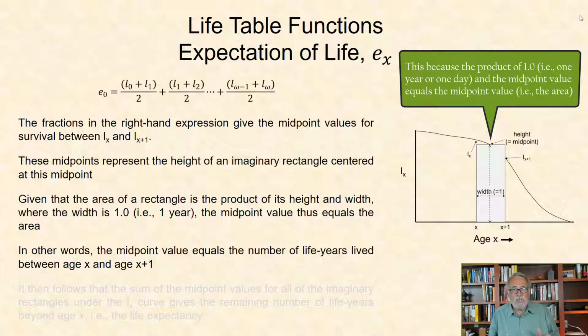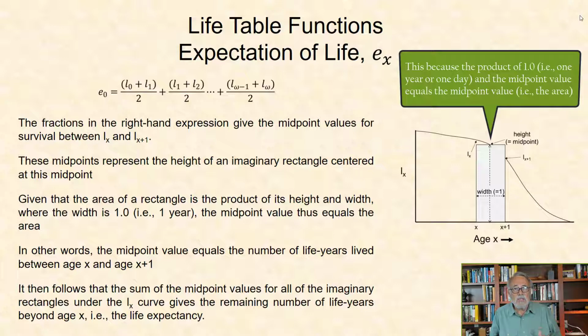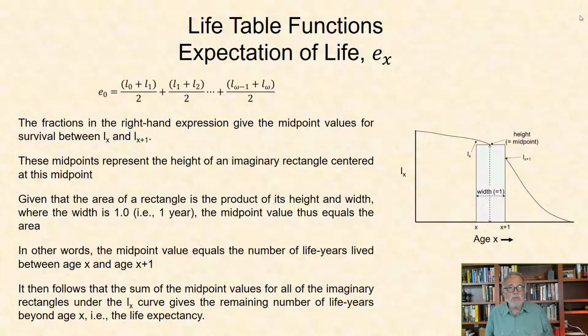In other words, the midpoint value equals the number of life years lived between x and x plus 1. It then follows that the sum of the midpoint values for all of these imaginary rectangles under the lx curve gives the remaining number of life years or life days beyond age x, i.e.